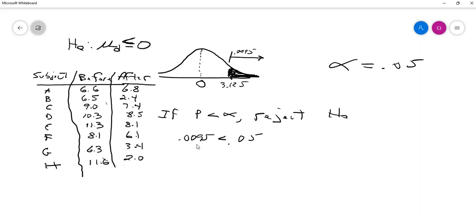It's kind of like we have a 99% confidence interval in a sense, because this is about 1% chance of error. So we're roughly about 99% sure. Let's reject, because we do have evidence to show that hypnotism does help reduce the feeling of pain. We're reducing these numbers from before to after.